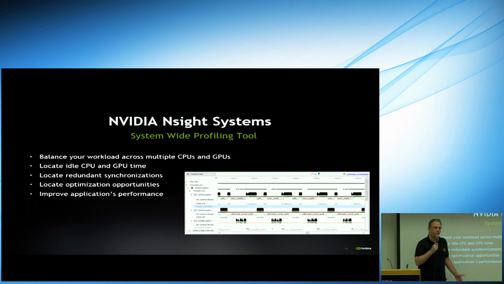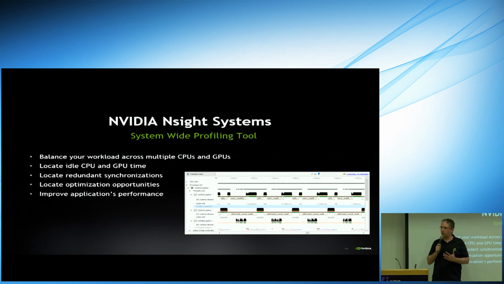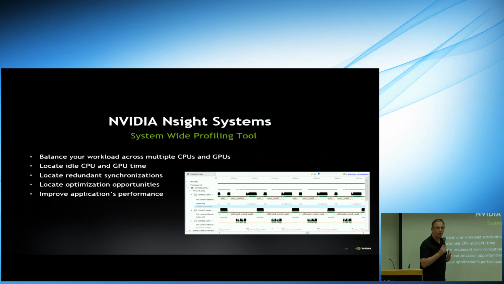So you're able to watch the interaction of a program and see what the CPU does, see what kind of CUDA and cuDNN calls are being made, and finally, what actually happens on the physical GPU. So it's a complete systems profile that allows you to trace from the code all the way down into the physical hardware.